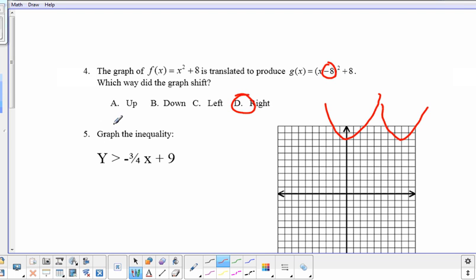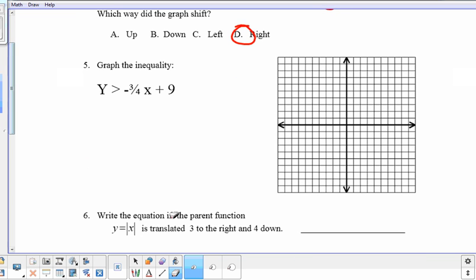Graph the inequality. Step 1, get y by itself. Yay, y is already by itself. Then you just go to, I wasn't supposed to use this graph for number 4, so we're going to erase this. We need this graph for number 5. Okay, so here's my y-intercept.